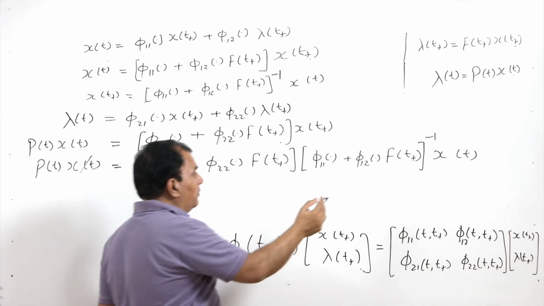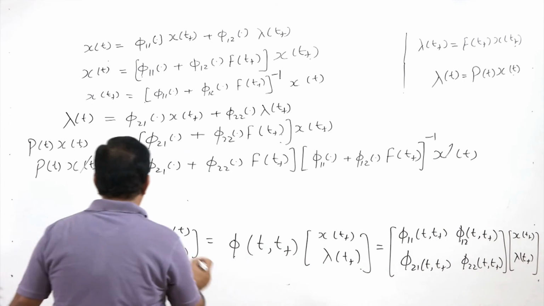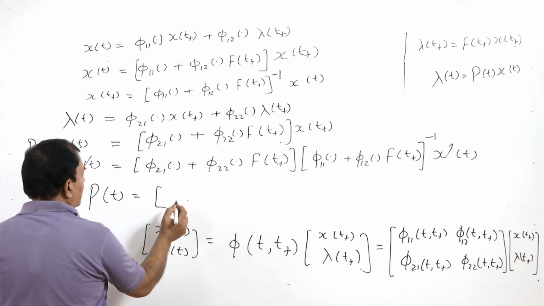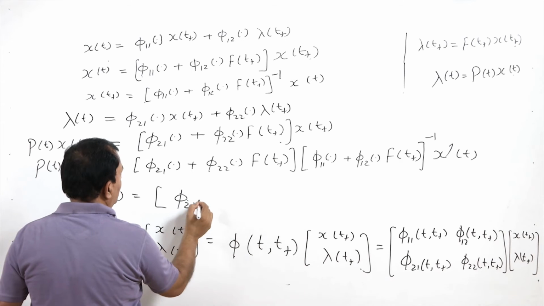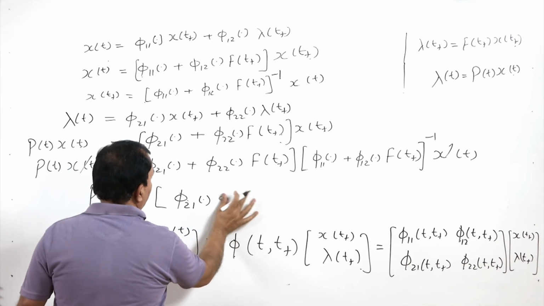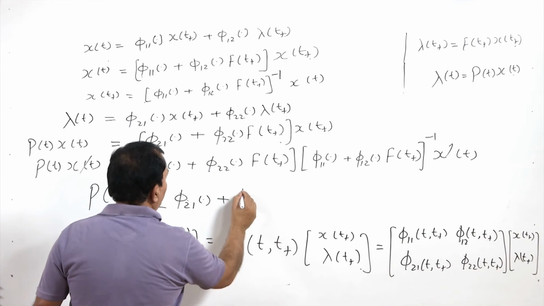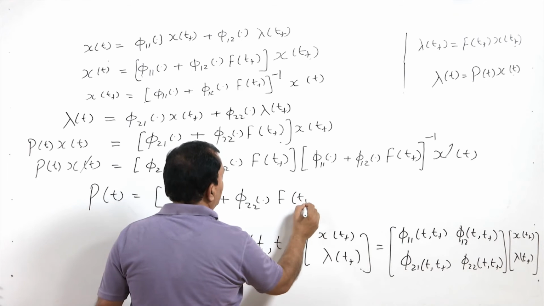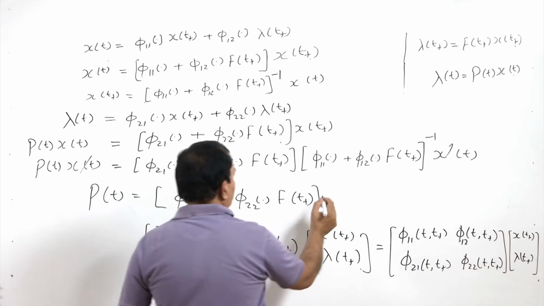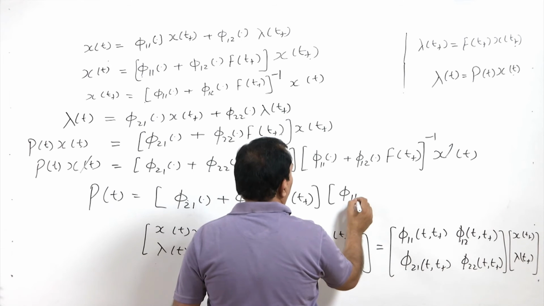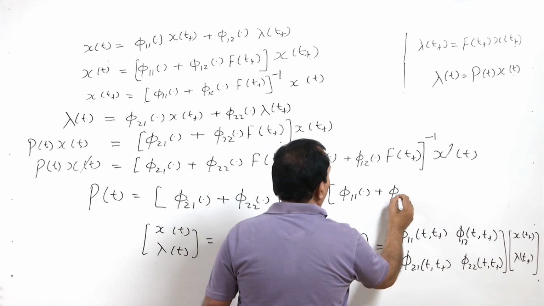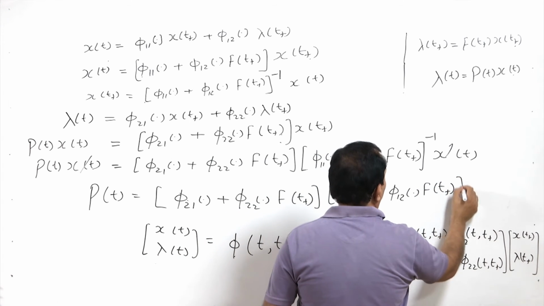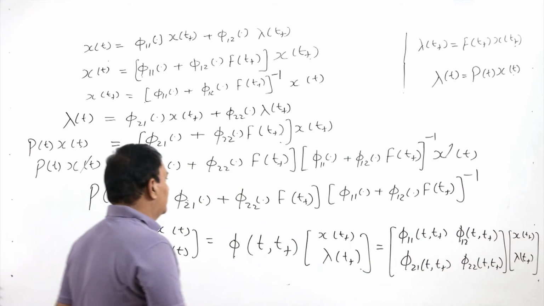x(t) we can cancel out from both sides. So my P(t) is nothing but phi 21 plus phi 22 F(t_f), times phi 11 plus phi 12 F(t_f), inverse.